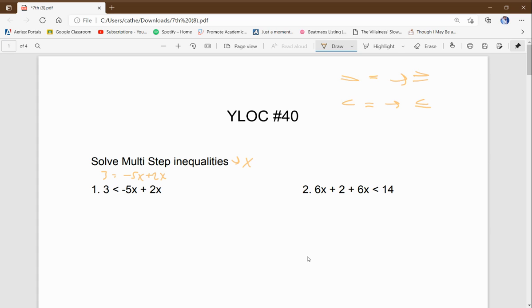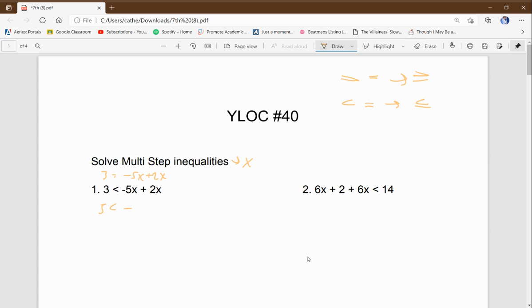So at the end, be sure to write it like this. That's the right symbol. You're not actually changing this to an equal sign. You're just setting it that way so it won't confuse you. It's just a little trick.